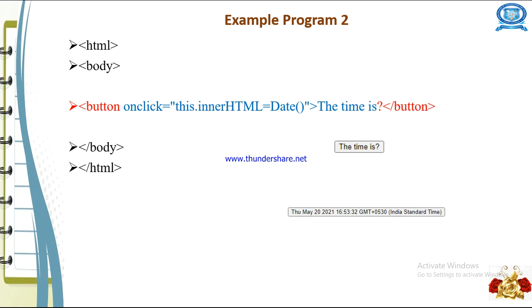But what is the difference between these two programs? In the first program, the demo value is assigned to the particular ID, and then it displays the output. But in this program, we have not assigned any demo value.